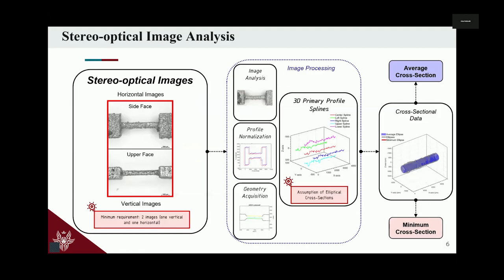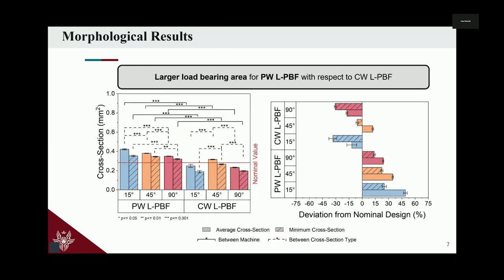So given this, we decided to start with our usual approach of definition of the cross-section of our components. I will not go into detail on this since it has already been described in two presentations before. These are mainly the principal results between the pulsed wave and continuous wave according to the three different building orientations, from 15 to 90 degrees.